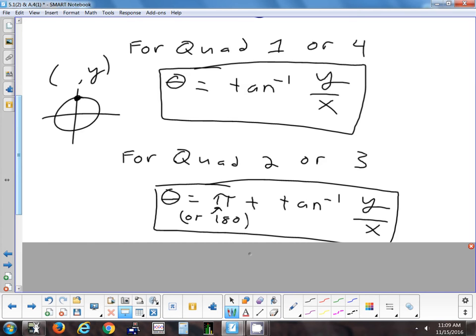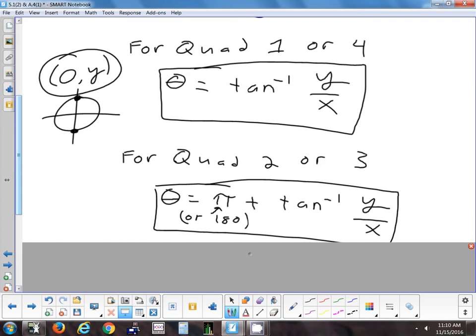What's the x value of this point? 0. Does anybody see a problem with trying to plug that into one of those formulas? What would happen if you did that? You'd be dividing by 0. Okay, so if your x value is 0, which it would be here and here, that's a problem.